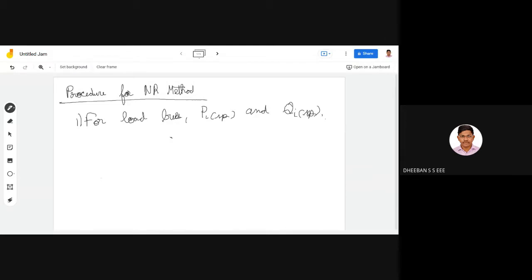Initially, these two will be specified. The second thing is that you have to find some common thing.